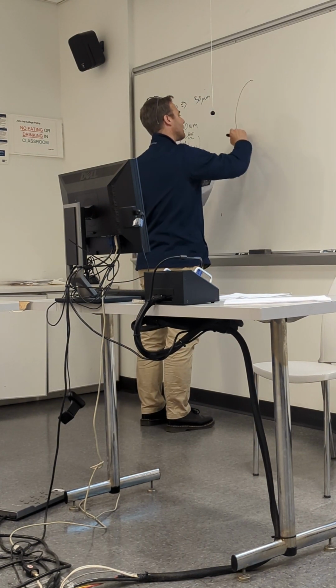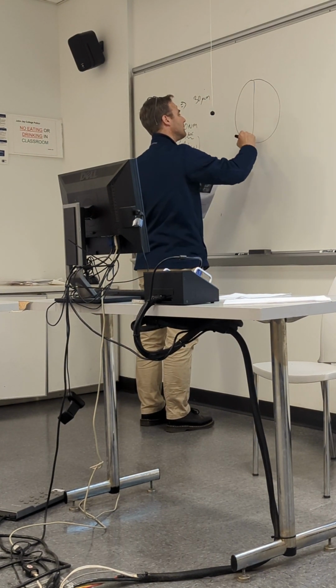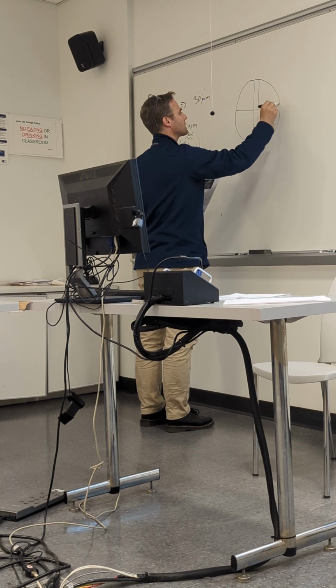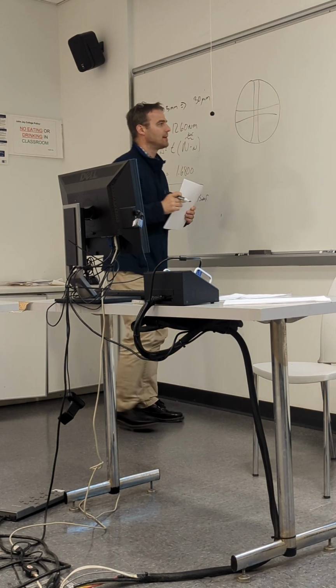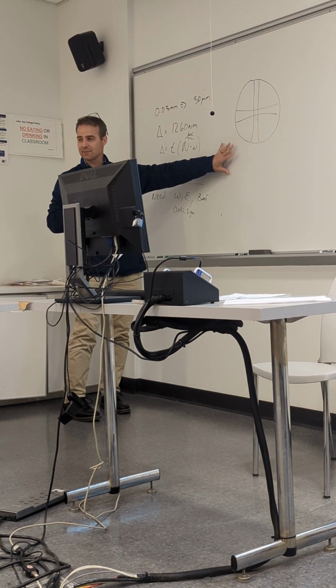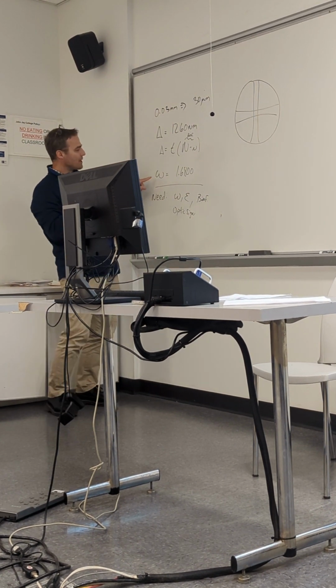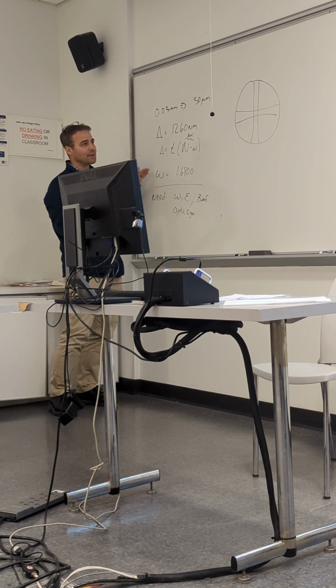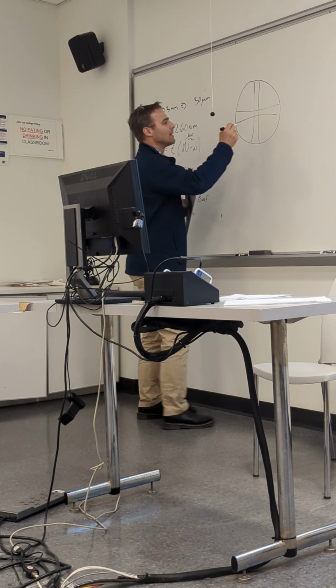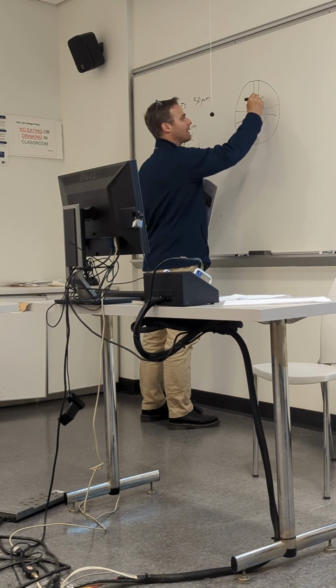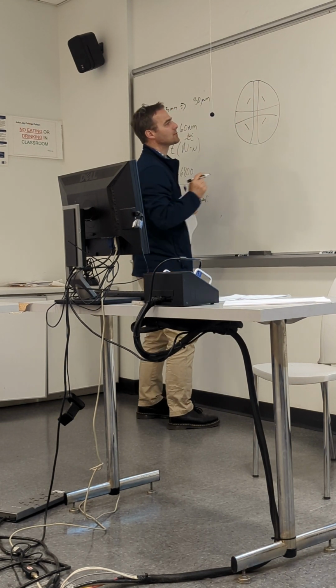So we got our, I'm drawing center, but it doesn't matter. Number one, do we have a uniaxial or biaxial crystal? Uniaxial. Good. We also know that because we're given omega, right? So we know that it's uniaxial. I like to just draw these lines here. What have I just drawn there?